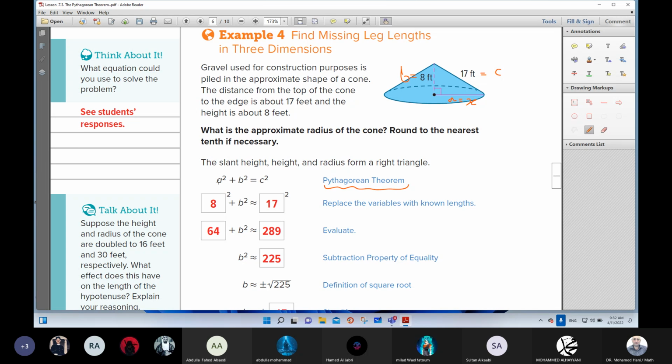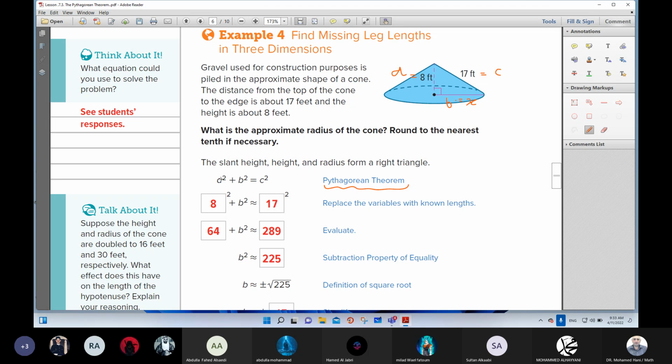So if we switch here, I'll write here A and here B, the same idea.